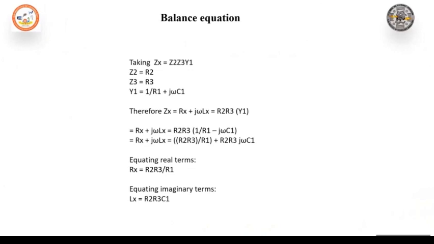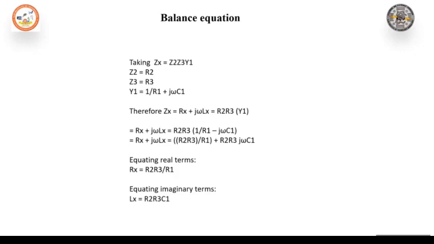So the unknown impedance Zx is equal to Z2 into Z3 by Z1, that is, Zx is equal to Z2 Z3 Y1, where Y1 means admittance 1. Admittance 1 is equal to 1 by Z1, that is, R1 in parallel with C1. Now Z2 is equal to R2, and Z3 will be equal to R3.